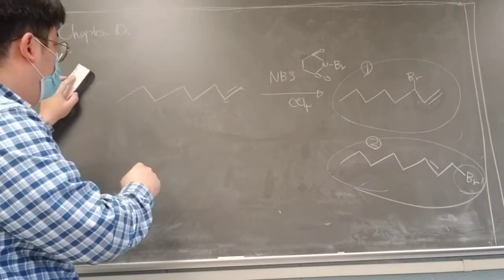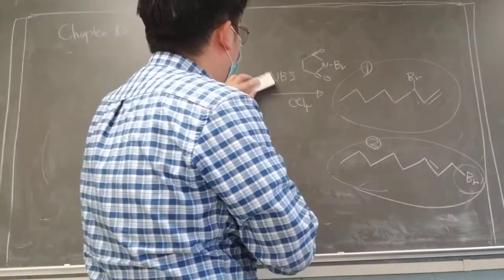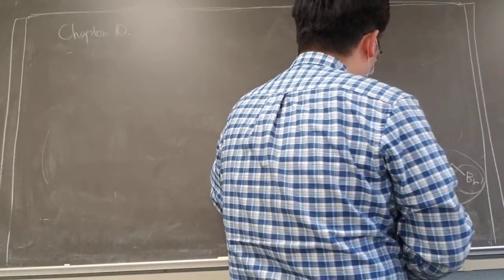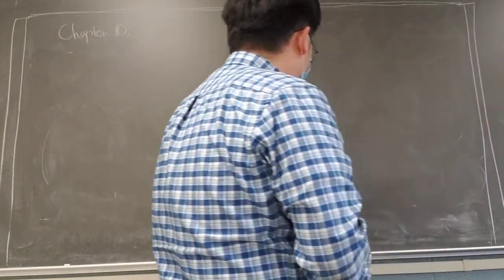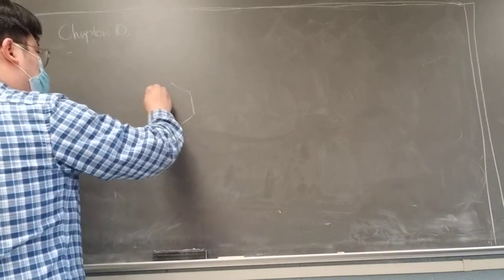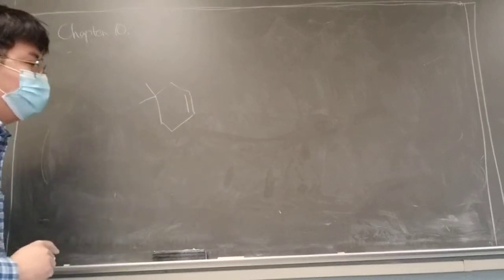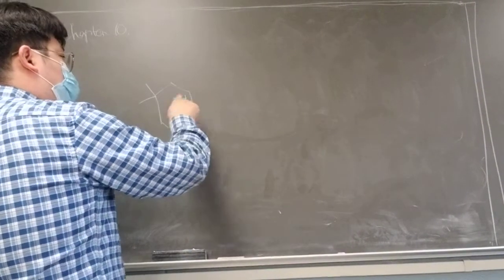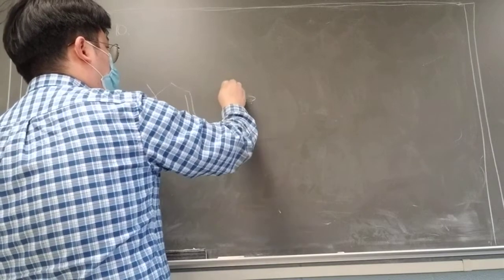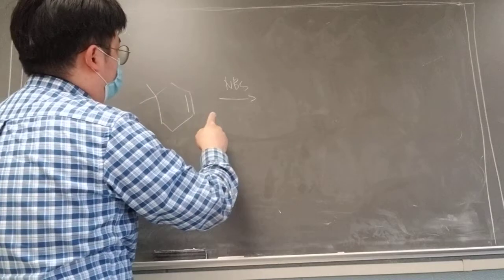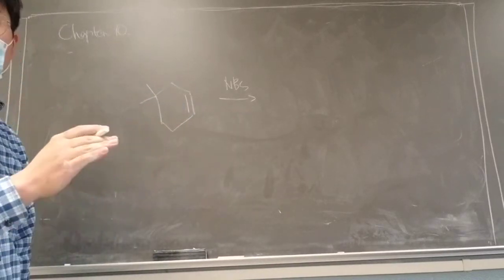Okay. This will not be on the exam, but I will just do this for your understanding. So if you have a ring structure instead of just the primary alkyl group, you have this one over here. You can treat it with the same thing. Then I'm not gonna do all the drawing because you don't have to know.